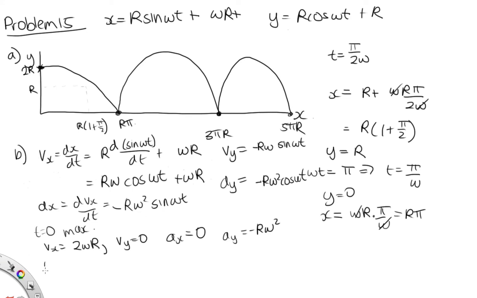Now, t is equal to, we said pi on omega at the minimum. So substituting that in, vx, we've got cos of pi. Cos of pi is minus 1, so this is actually 0.